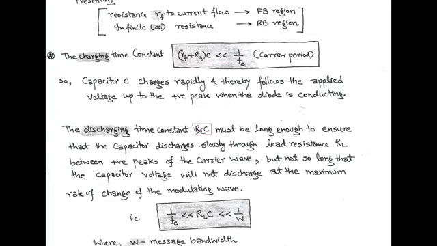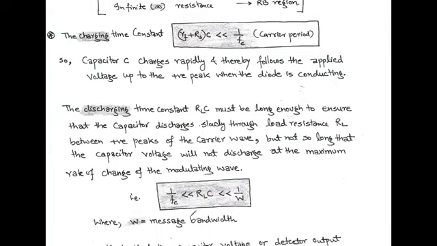The value of this discharging time constant should be large so that the capacitor discharges very slowly and follows the envelope of the composite signal or message signal. But the value of this discharging time constant should not be so large that the capacitor voltage will not discharge at the maximum rate. So the value of the discharging time constant should be less than 1 upon W, where W is called the message bandwidth.